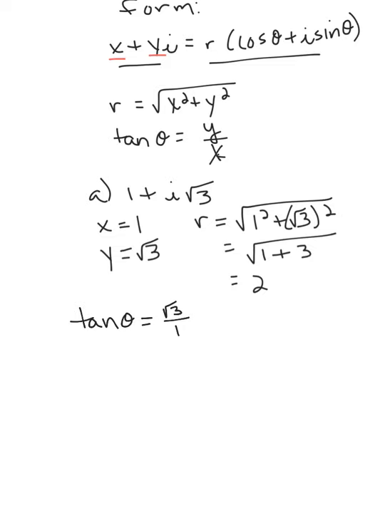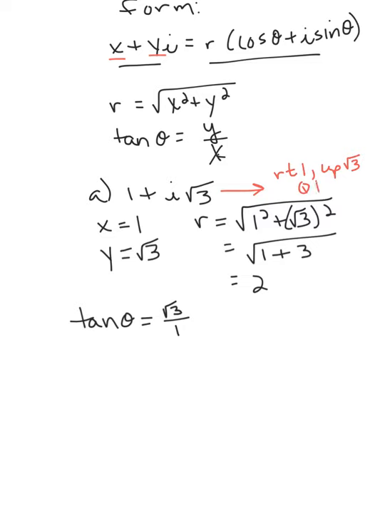So what we have to do is go back to our original number. This is why we had to learn where they graph. Because the real part is positive 1, we would go right 1, and the imaginary part is also positive, we would go up the square root of 3. If you go right and up, that puts you in quadrant 1.